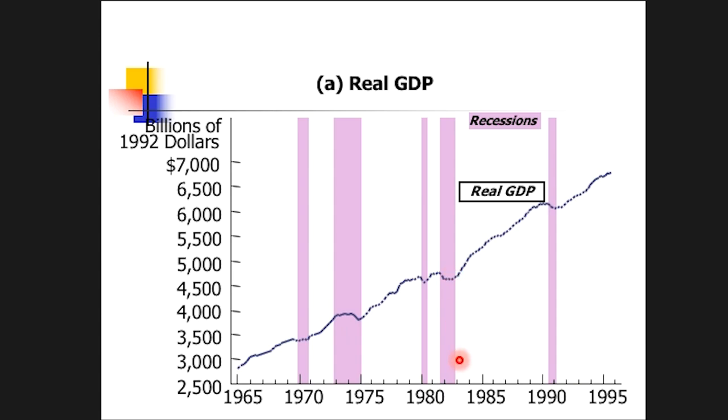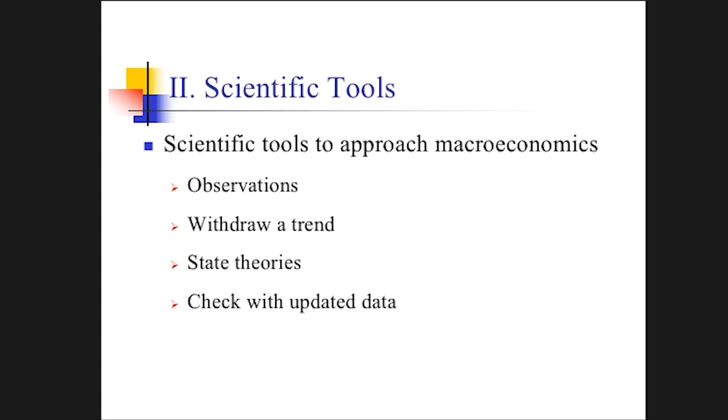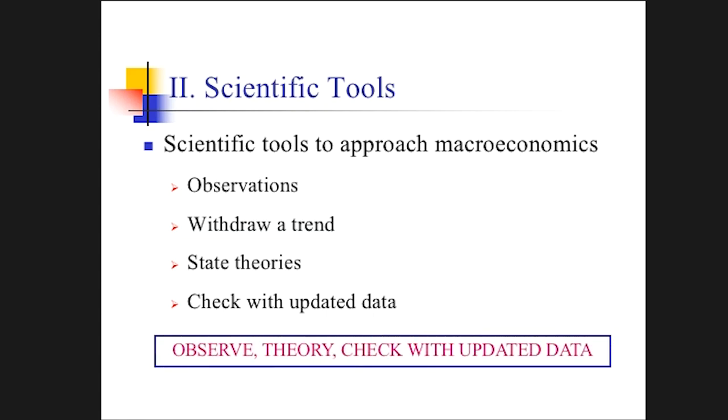It means that we need to develop a new theory. So now you can see a cycle, an increasing cycle. The first step is to observe the economy, then we draw a theory, and then update the data to develop the theory.